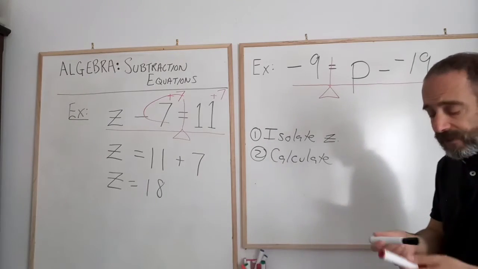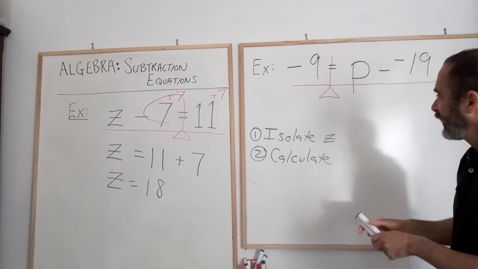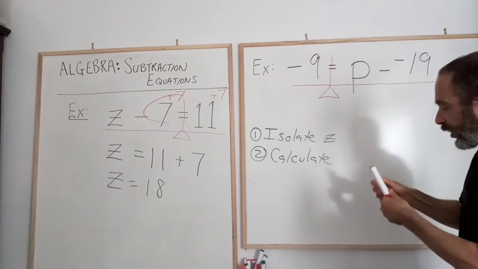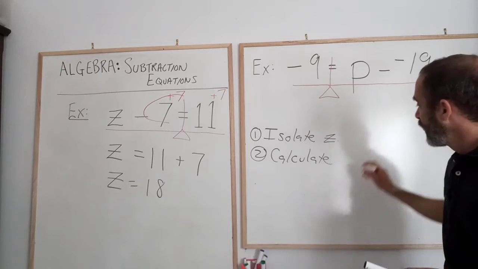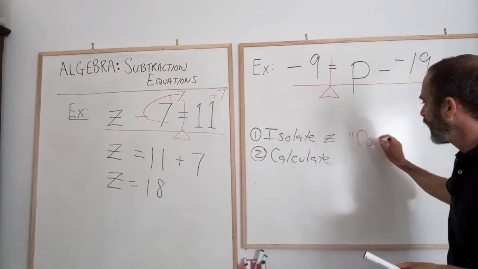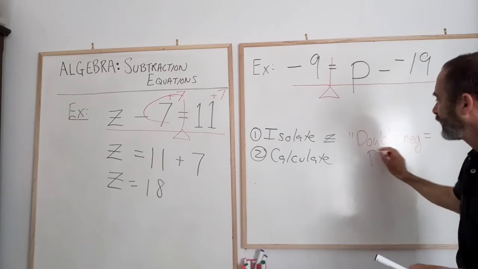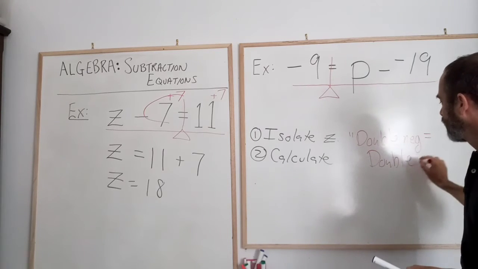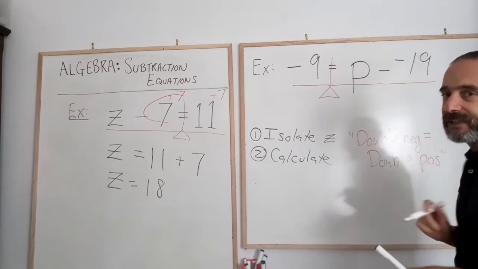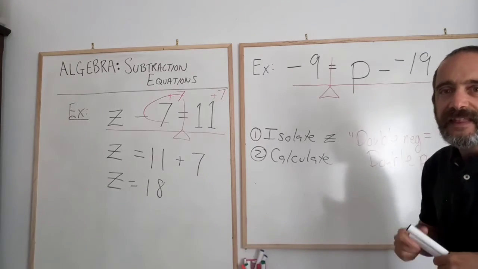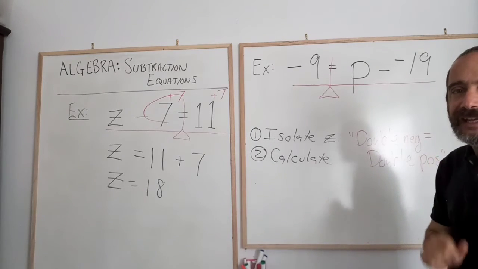Now you may remember that when we were dealing with integers, double negative is the same thing as a double positive.